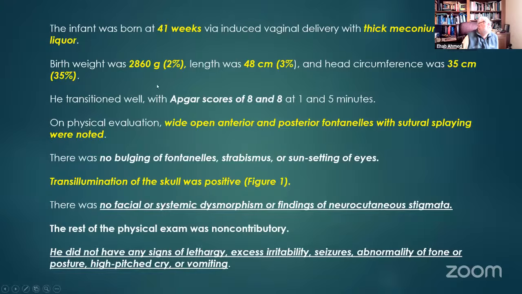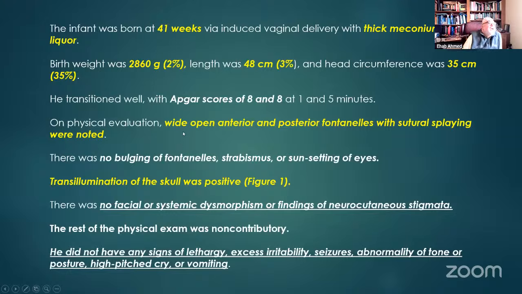Head circumference was 35, which is the 35th percentile. The head circumference was appropriate for 41 weeks, so the head was not small. This is important. Never mind about the length and weight. He transitioned, Apgar scores 8 and 8.